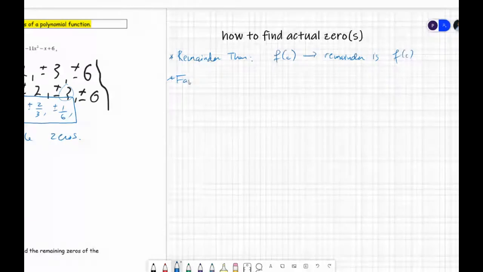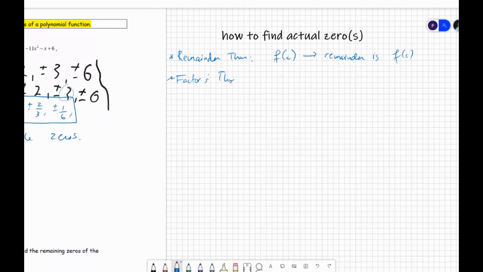So the factor theorem: if x minus c is a factor, then c is a zero. Okay, so how do I know that x minus c is a factor? When the remainder is zero. So if the remainder equals zero, then x minus c is a factor. So basically what we're trying to look for is that the remainder equals zero.